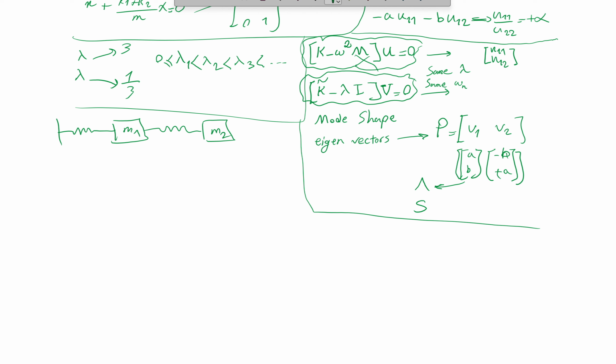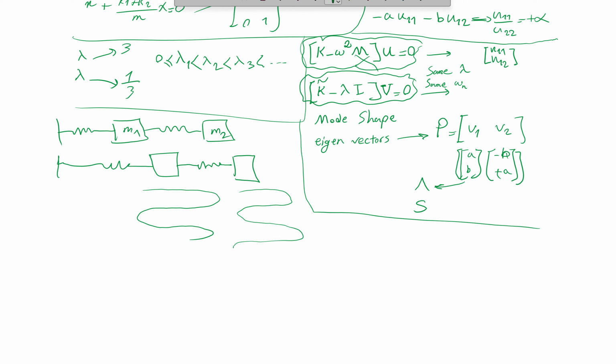So what happens here is, either these two masses can move with each other, like they go like this, or they can go opposite to each other. Those are the natural modes they can have, like this one goes here, this one goes here.